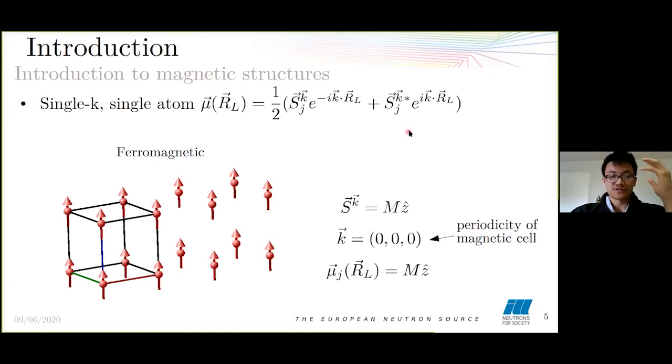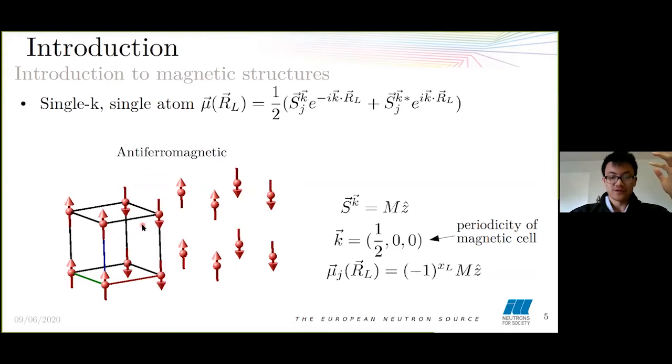And in the simplest case, you can describe a ferromagnetic material by a propagation vector k, which is equal to 0. In this case, the periodicity of the magnetic cells is the same as the periodicity of the nuclear cells, which is shown in black here.